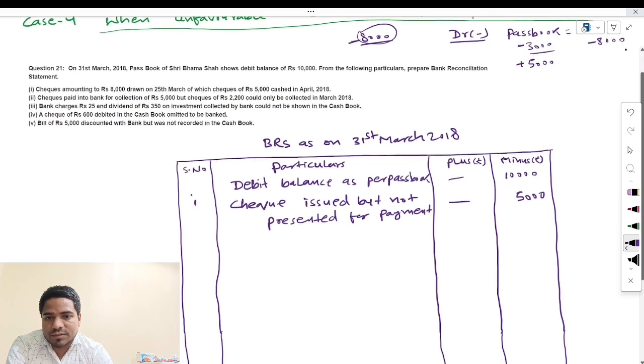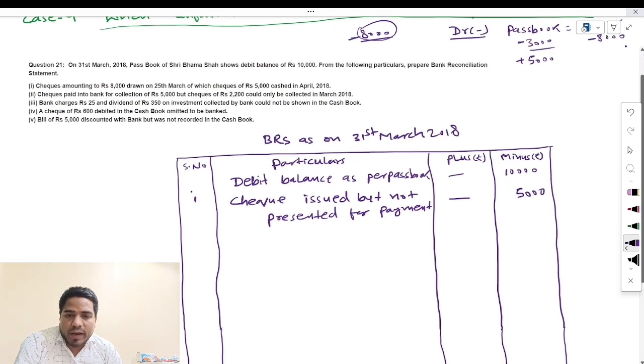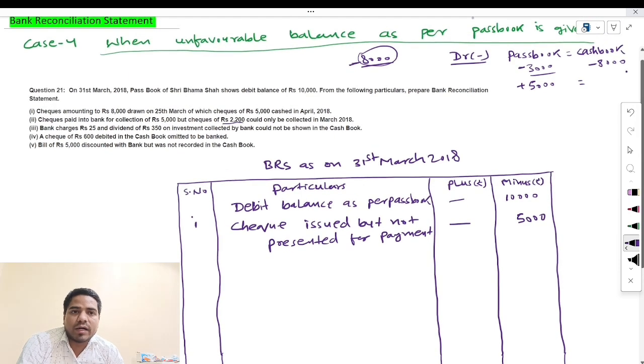Come to the next transaction, which is checks paid into bank for collection 5,000, but checks of 2,200 could only be collected in March 2018. You had deposited checks of 5,000 into your bank account. It means whenever you had deposited checks into your bank, you had already added 5,000 in your cash book. But in the month of March, checks of rupees 2,200 could only be collected.